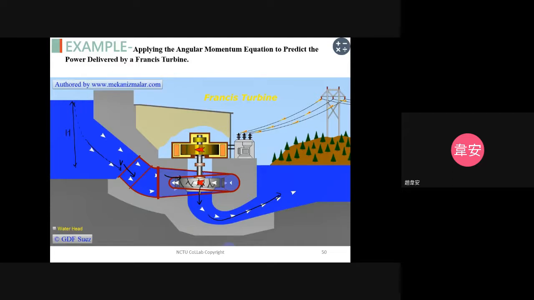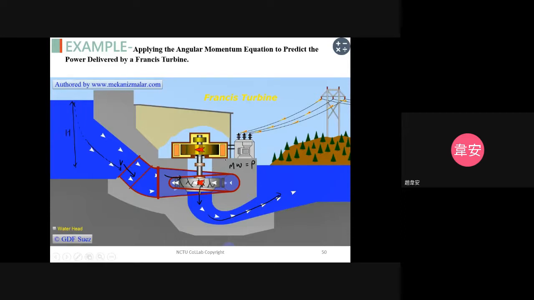Okay, so this problem also includes rotational problems. If we would like to understand how powerful the power generated by these systems is, we need to compute the moment first. And if we know the rotational angular speed, we can compute how large the power generated by these systems is.